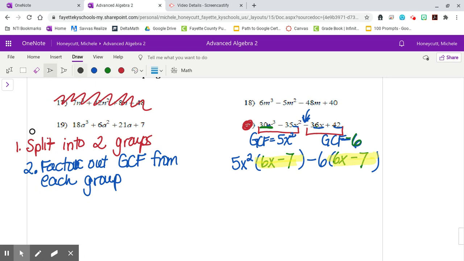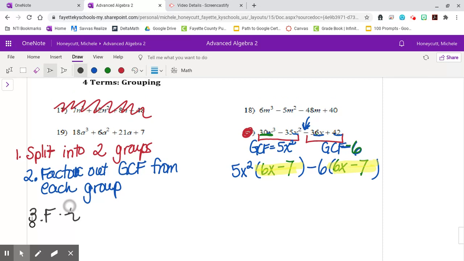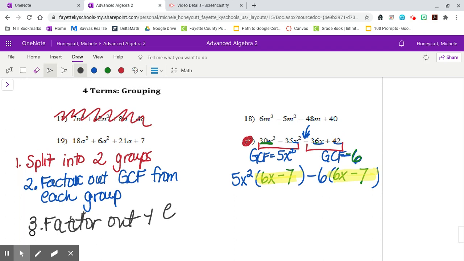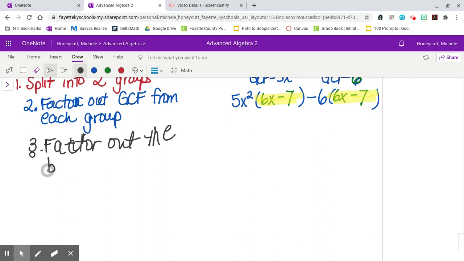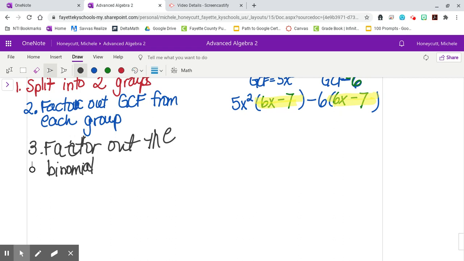Okay, so step 3 then is going to be to factor out the binomial GCF.